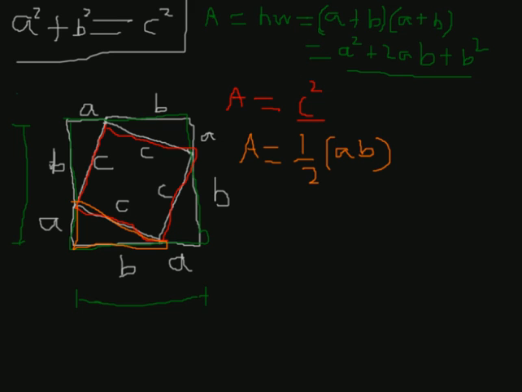And the area of one of these triangles is half AB. So the area of 4 of these triangles, which would be all these right here, would be 4 times half AB, which would be equal to 2AB.